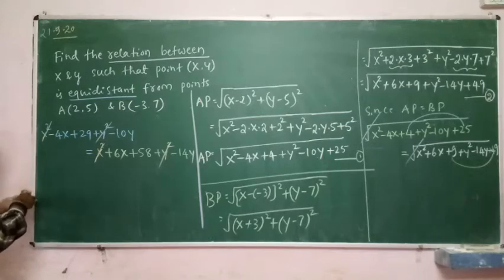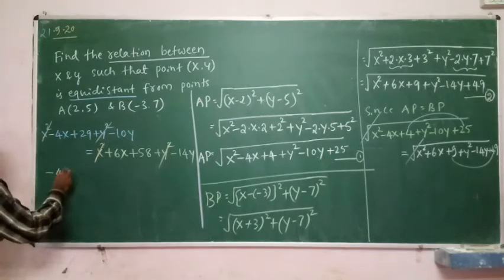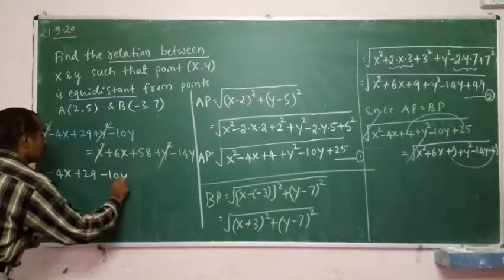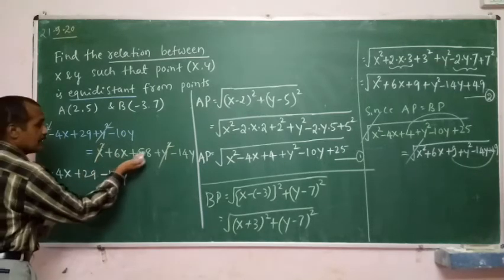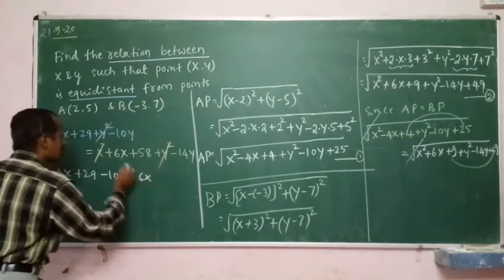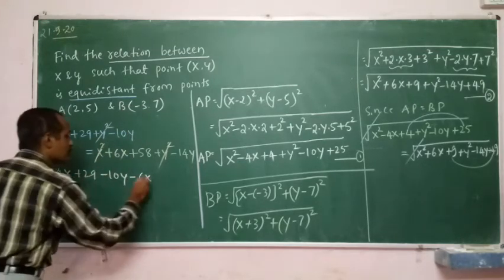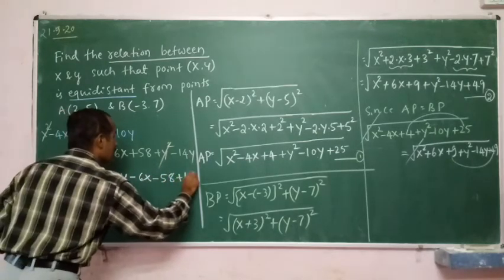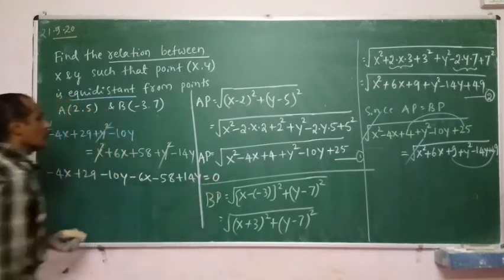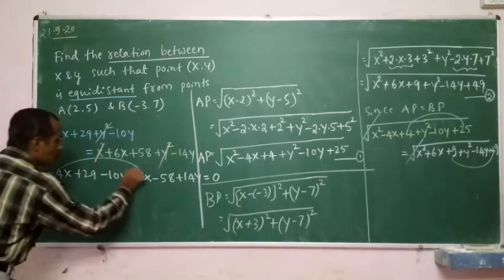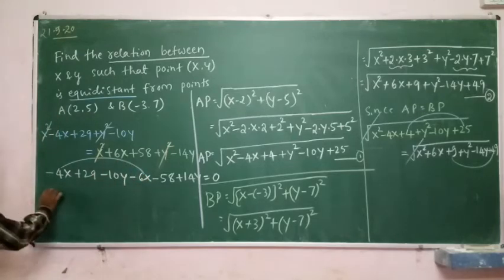Okay? I will write the remaining things. Minus 4x plus 29 minus 10y. I will bring these terms to the LHS only. Minus 6x, minus 58, plus 14y is equal to 0. Come on, simplify. There are two x terms, minus 10x.